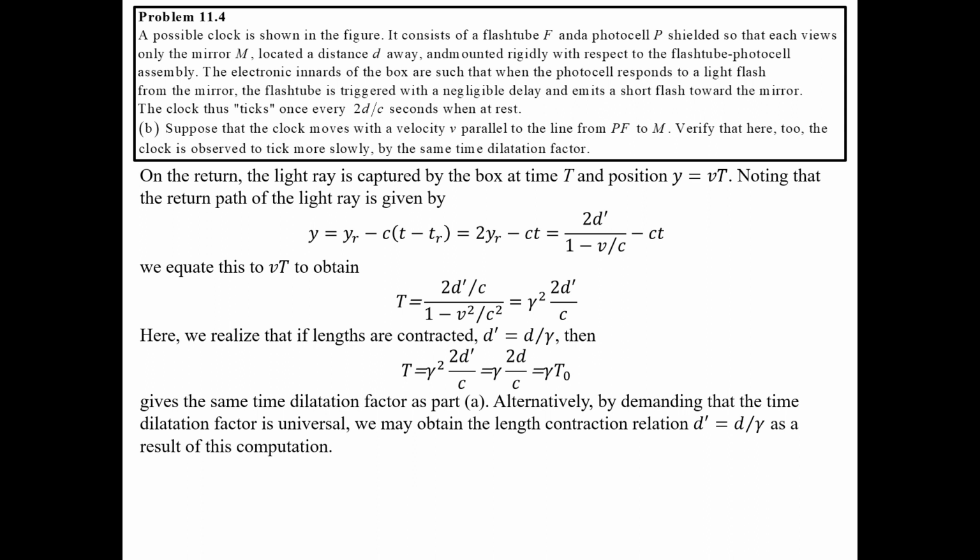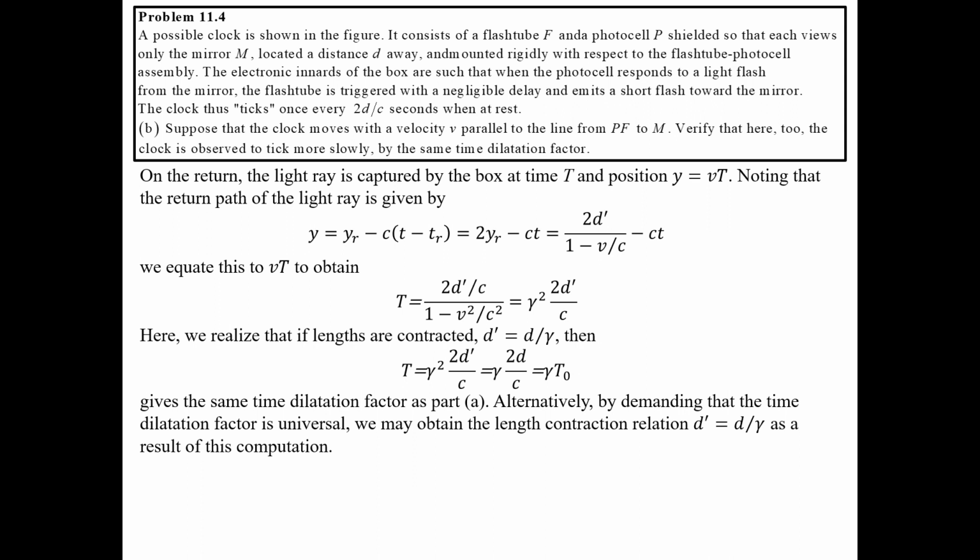And on the return, the light ray is captured by the box at time t and position y equals vt. Noting that the return path of the light ray is given by y equals 2d prime over (1 minus v over c) minus ct, we equate this to vt to obtain t equals gamma squared times 2d prime over c.